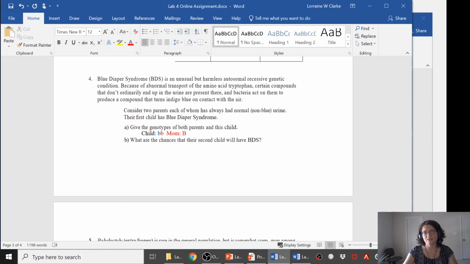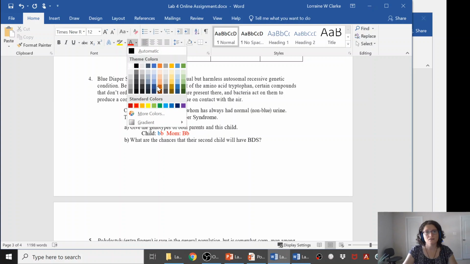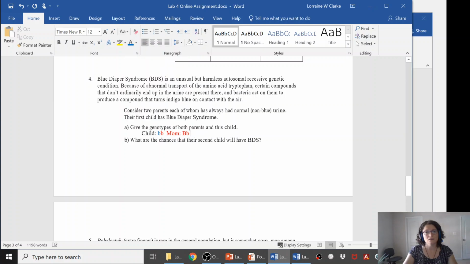But she has to have given the child this little b. So that must be her. And now we have dad. Dad has at least one big B because he doesn't have blue diaper. But he gave this little b to the child, so he must have it. Therefore, he has to be big B, little b.